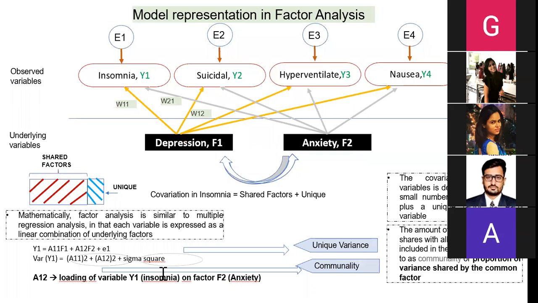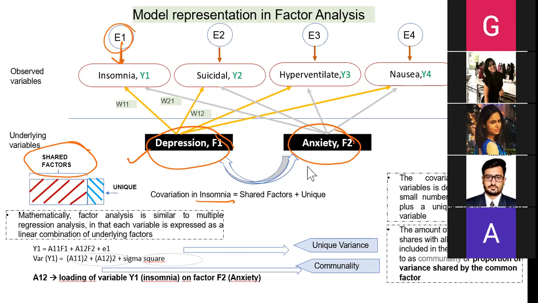So remember this, I showed you these common factors, and I showed you, okay, for insomnia, what you have to remember is there's something called shared factors. Say for insomnia, it's depression and anxiety, which is the common or shared factor, and something called a unique factor, that is E1, which is unique to insomnia. So what is communality? The amount of variance that is explained by these common factors.